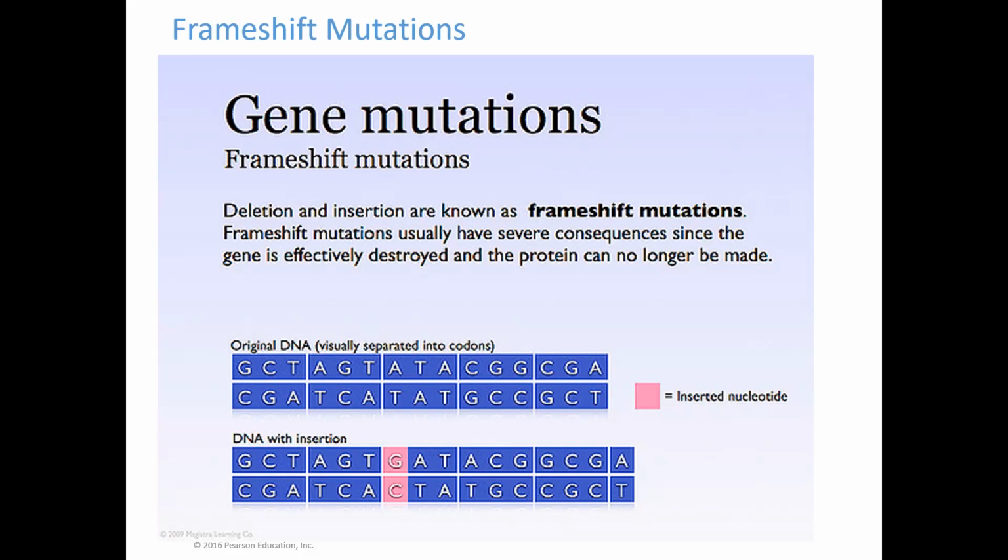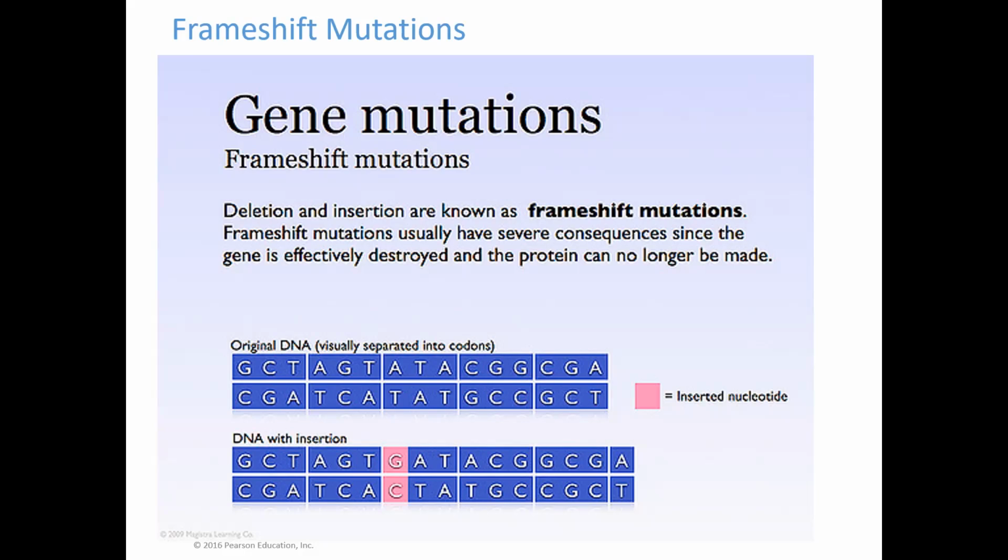What happens if we take out a set of bases, or we add a set of bases? Frame shift mutations can go either way. We can either insert extra bases or take bases out.